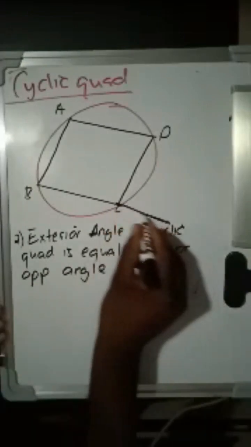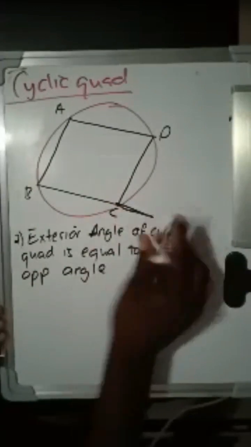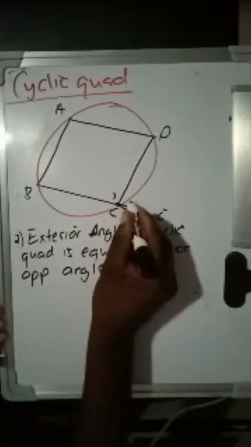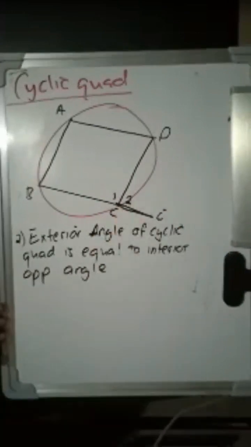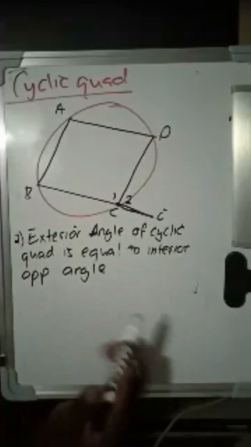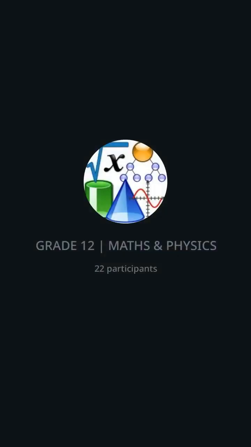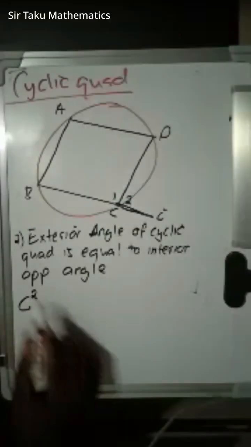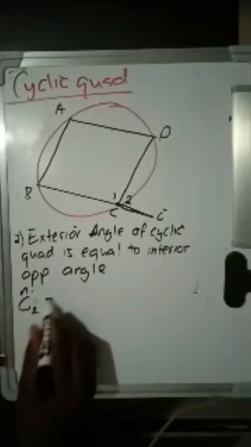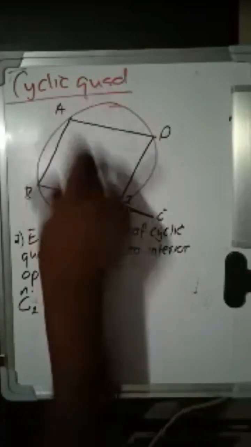If I can extend this one such that we have C1 and C2. If we check, C2 is outside, so that is an exterior angle. It means angle C2 is equal to angle A, because the opposite of C is A. So the interior opposite.